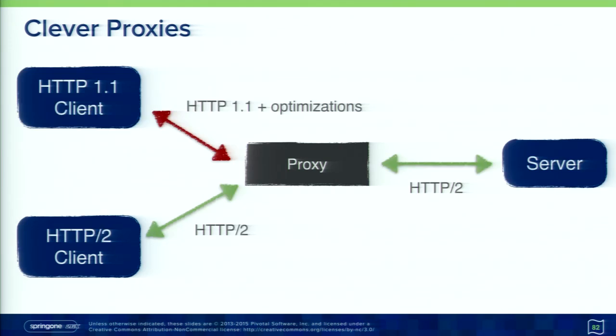Maybe CDNs and proxies will be the solution to our HTTP 1.1 and HTTP2 migration problem, because we have to deal with both at the same time. You probably want your application properly modularized, without the concatenated files and all those workarounds you were using for HTTP 1.1. If you're using just the proper version with no workaround, maybe that proxy can do something for you. It's already the case with Speedy and tools like Google PageSpeed.